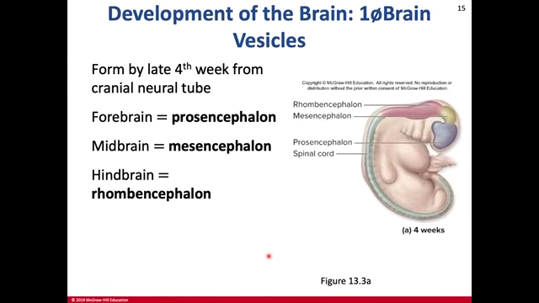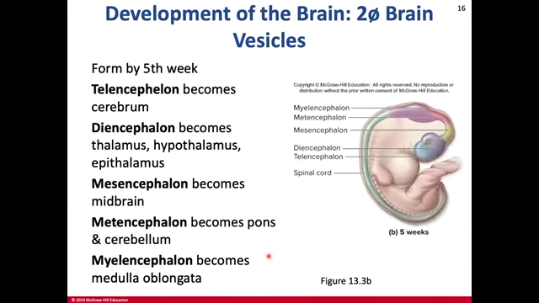The brain vesicles are going to begin to form by the late 4th week in the cranial end of the neural tube. The forebrain is termed the prosencephalon, the midbrain the mesencephalon, and the hindbrain is the rhombencephalon. From the 5th week, the telencephalon is going to develop into the cerebrum.